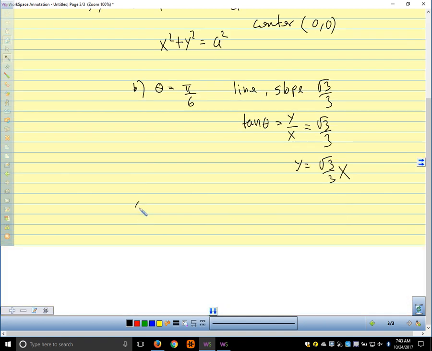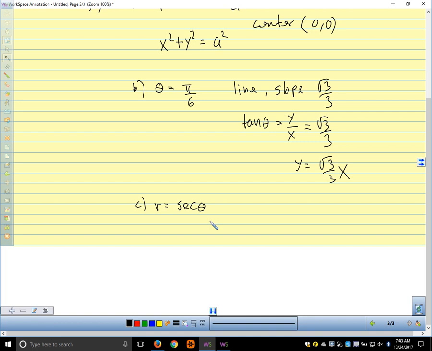A little trickier. r equals secant theta. Yeah, 1 over cosine theta.